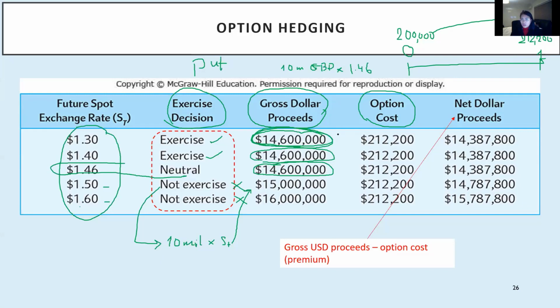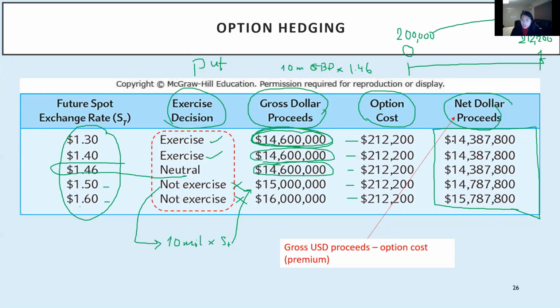So to compute the net cost for an option hedge strategy, I'm going to subtract the option cost from my overall proceeds, as of time 1. And so my net dollar proceeds is given here. So this is the net proceeds, which is the gross proceeds minus the option cost.